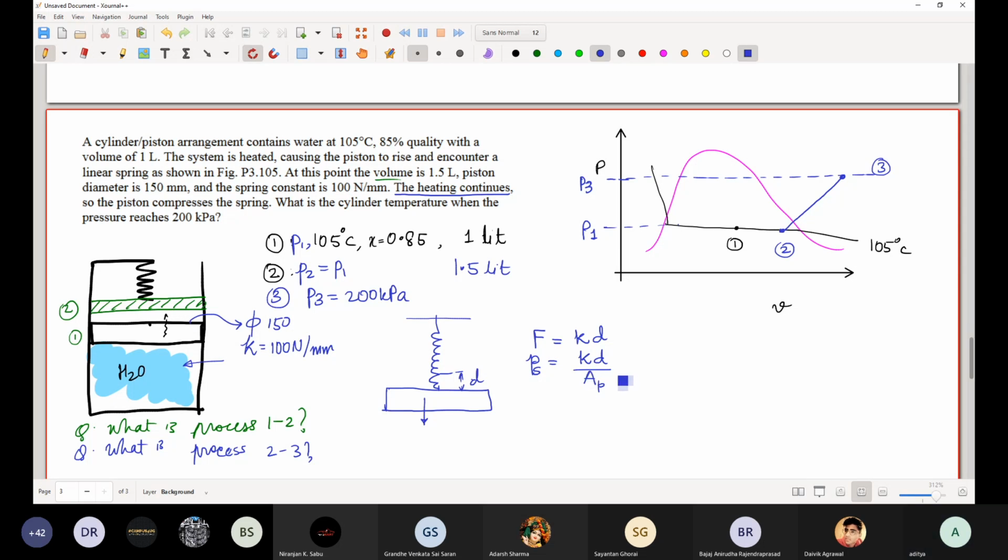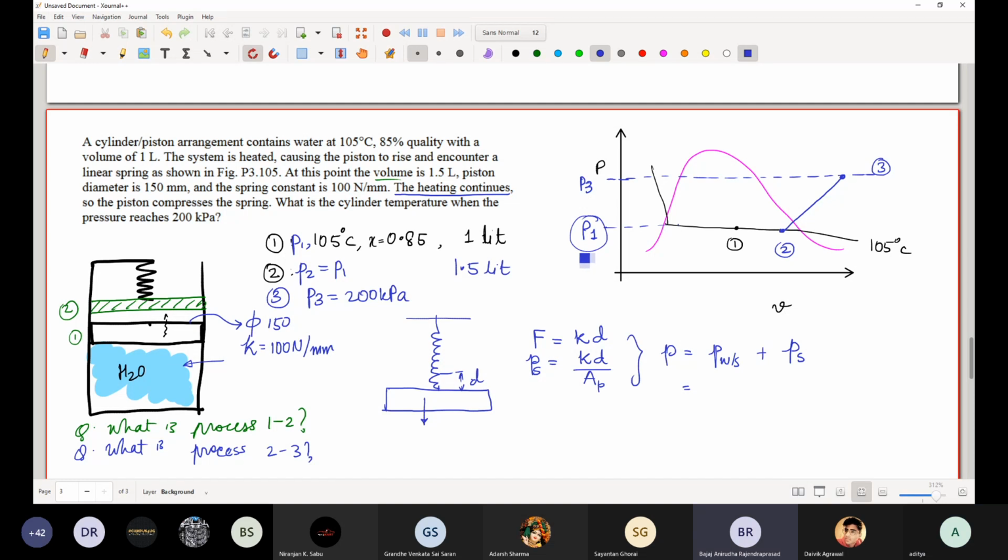The total pressure exerted by the piston and the spring will be pressure without spring plus pressure due to only spring. Why is there a pressure without spring? Because the piston has some mass, otherwise there would be no pressure in the system. So it would be equal to whatever this P1 is.